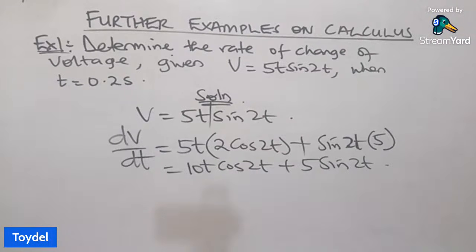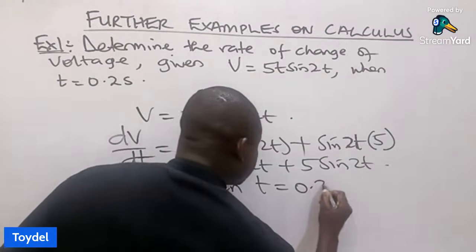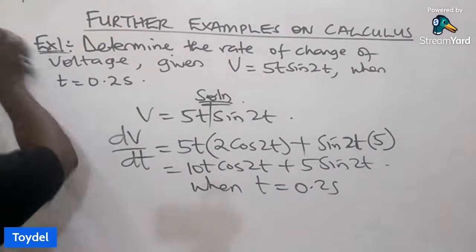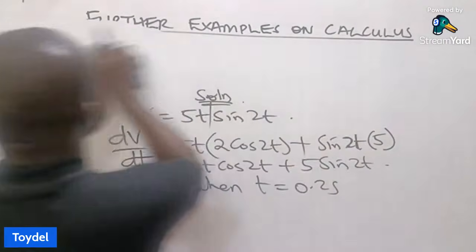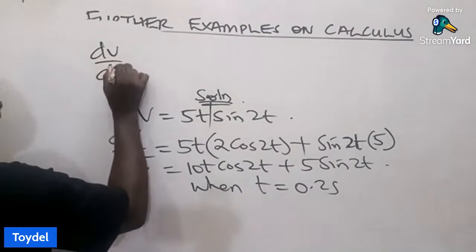But we have to find this rate of change of voltage when t is equal to 0.2 seconds. That is, when t is equal to 0.2 seconds, what would be the value of dV/dt?